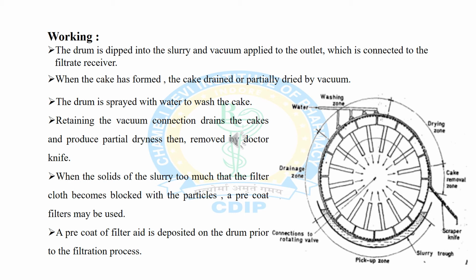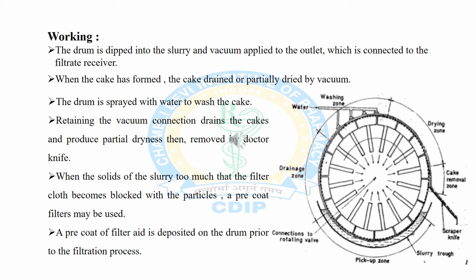Basically it contains 5 zones: the pickup zone, drainage zone, washing zone, drying zone, and cake removal zone. So basically there are 5 zones in which the rotary drum filter works. The working of the rotary drum filter will be discussed in sequence.